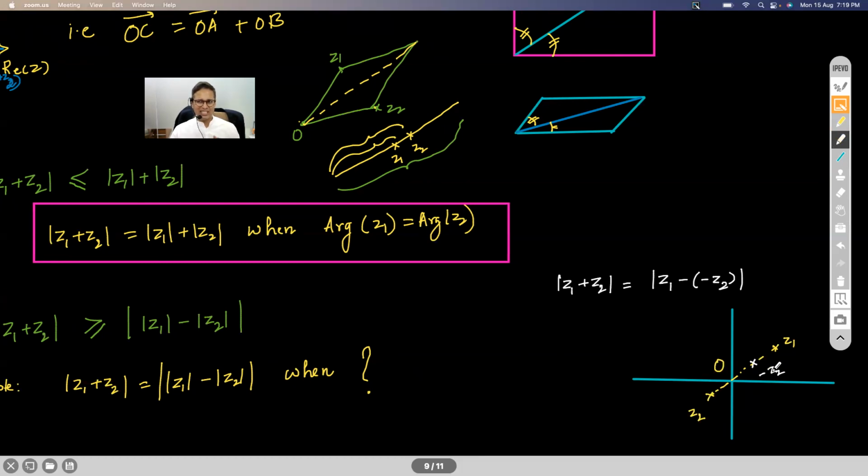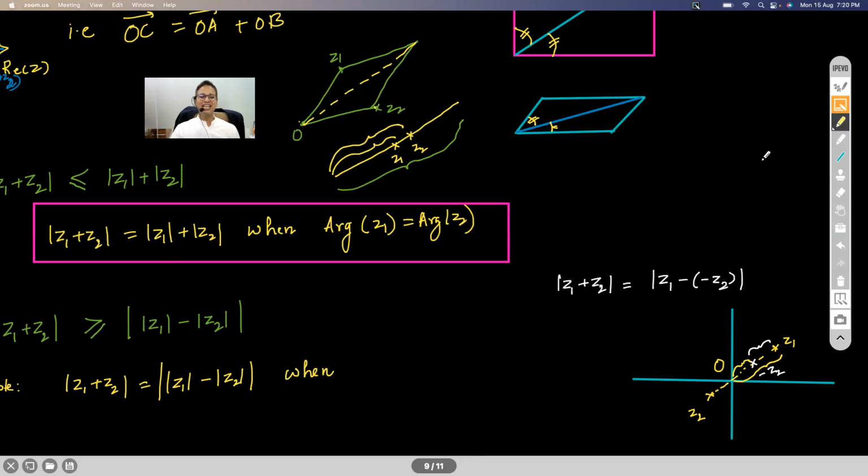Now, do you realize in this situation, the distance between z1 and minus z2, that is this distance, is equal to the difference of this distance, that is the distance of z1 from the origin, minus this distance, correct?